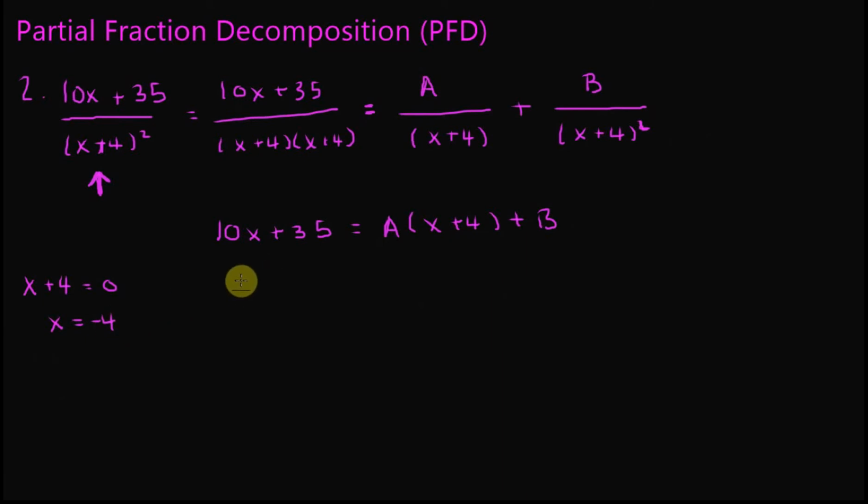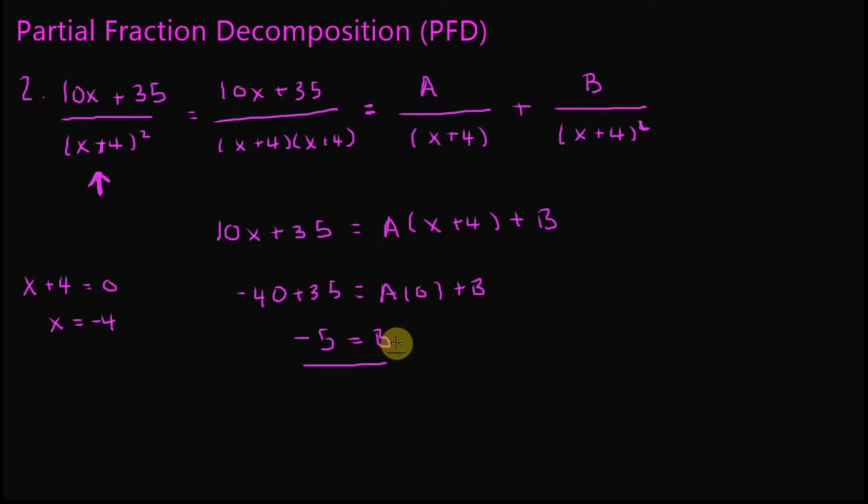Then we can try and plug in negative 4. That would give us 10 times negative 4, which is negative 40, plus 35 is equal to a times negative 4 plus 4, which is 0, plus b. This simplifies to negative 5 is equal to b, giving us b.